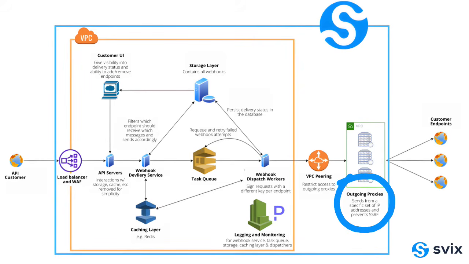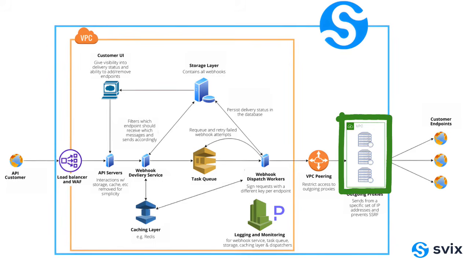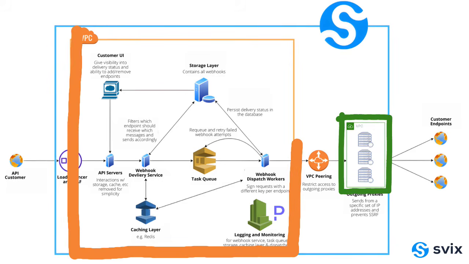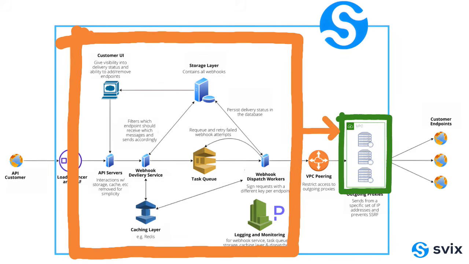That proxy filters and checks the DNS of the request it's going to make, and makes sure the DNS is in the allow list, or at least not in the disallow list, so it doesn't hit any internal subnets or internal IPs. And the other thing, again for sanity, is to put it in a different private network, a different VPC, so that the first VPC can call this VPC, but that VPC has no access to the previous one.